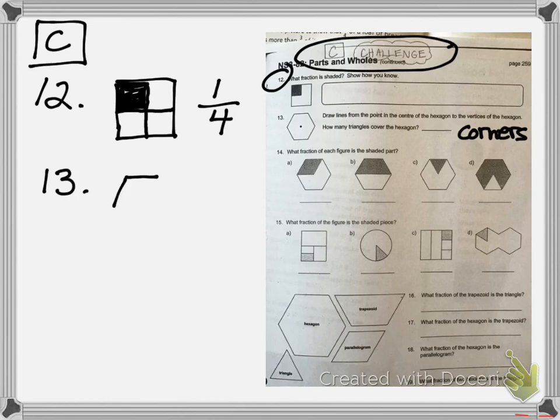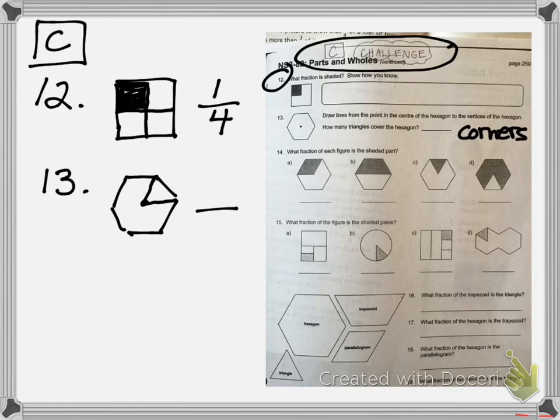I'm going to try to draw a hexagon as best as I can. And I'm going to put a point in the middle. Okay, so it says from the middle to each of the corners. So you finish that up, and then the answer is how many triangles cover the hexagon.